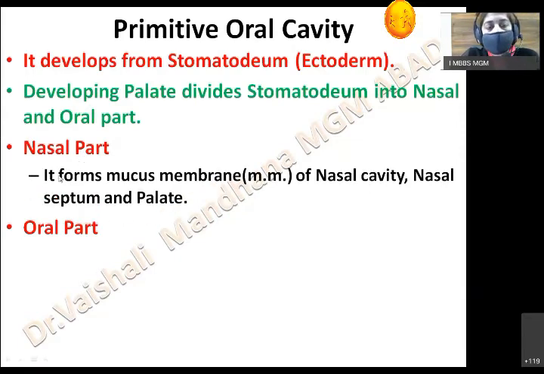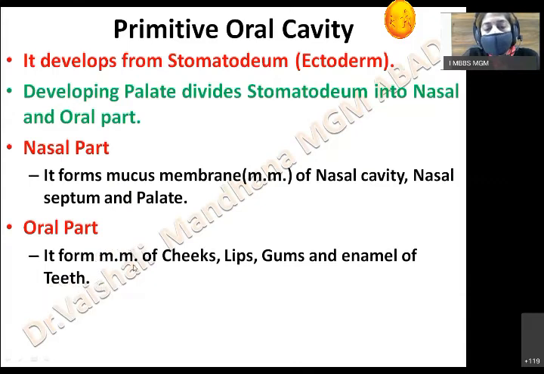So nasal part forms the mucous membrane of the nasal cavity, septum and the palate. Oral part forms the mucous membrane of the cheeks, lips, gums and the enamel of the teeth. So oral part is important. We are seeing the oral cavity. So oral cavity must be having the walls and the contents of the oral cavity.